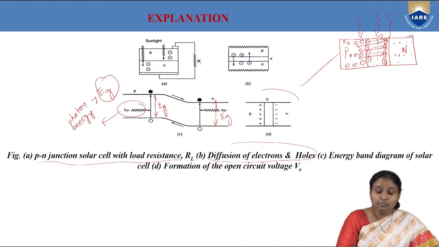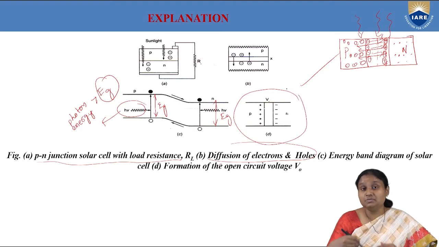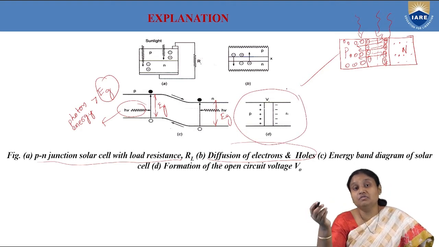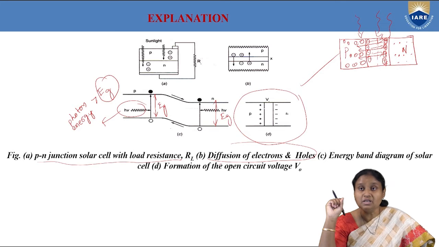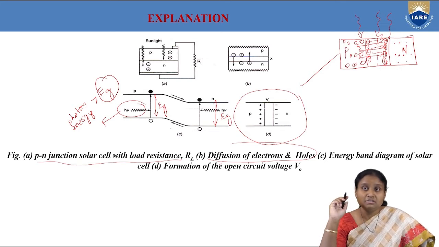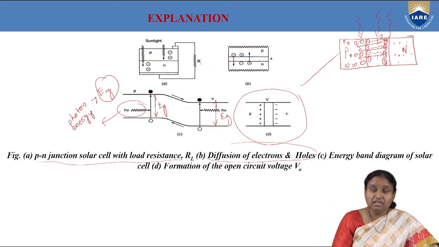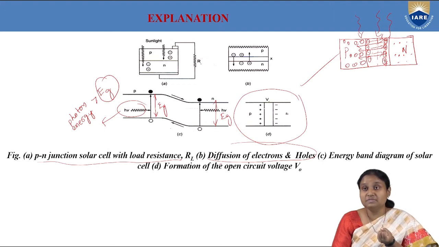Now this is our important figure which will help us understand how there is generation of voltage across the terminals of the junction. As you can see, those immobile positive ions, once they absorb photons from sunlight, start moving towards the p side. Similarly, those immobile negative ions on absorption of photons start moving to the n side.